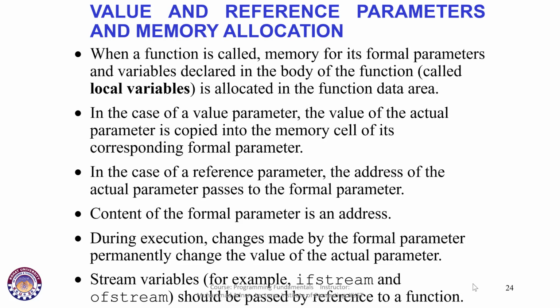So I repeat, whenever you call a function, memory is allocated for formal parameters as well as for the local variables in the function data area. You have some area inside your memory or RAM, and that particular area is for local variables and for the function's formal parameters.